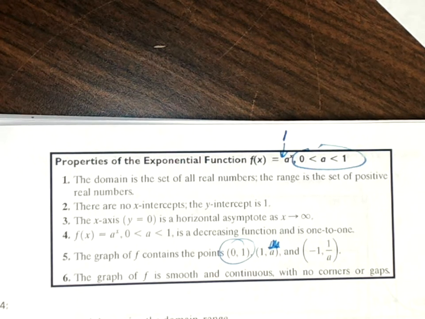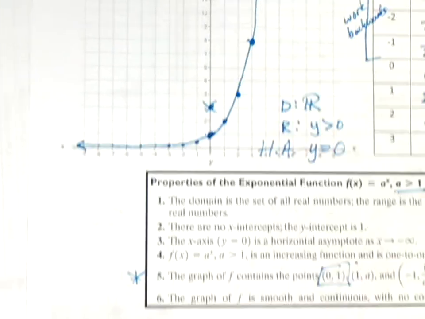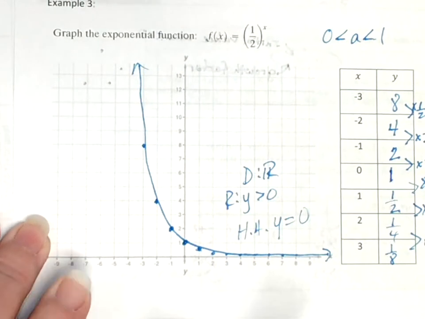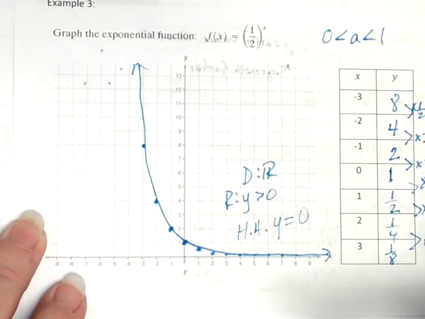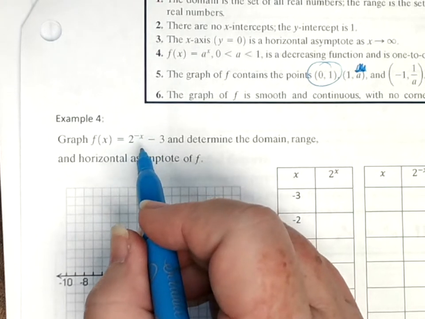If we have functions, in other words, I had a growth function here, 2 to the x power, and I had a decay function here, 1/2 to the x power, I can also transform that function. I can take that function and do things to it.